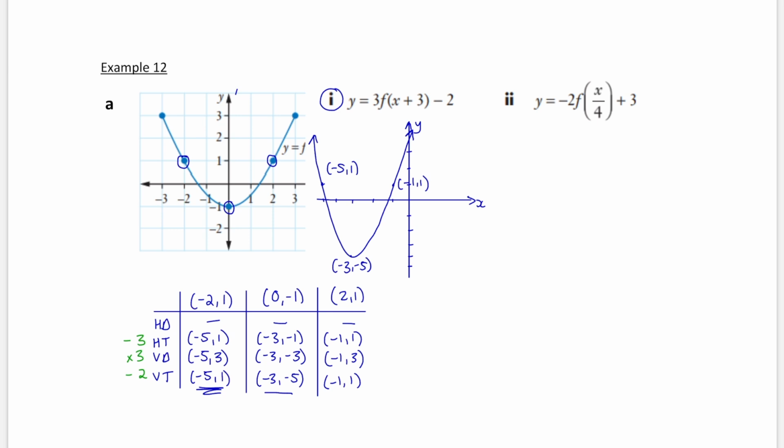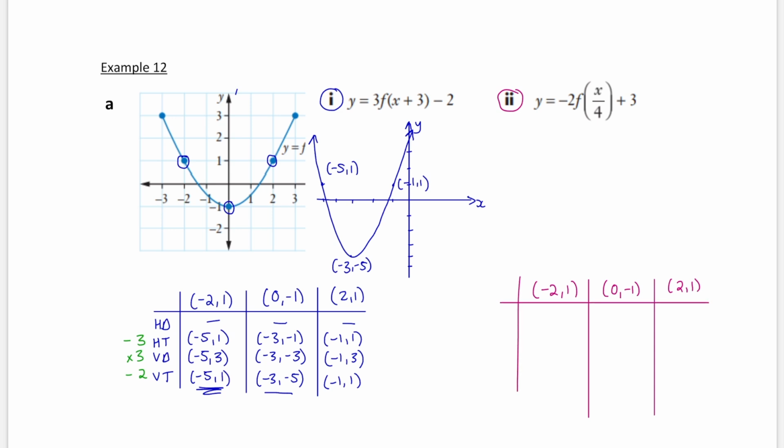Next, what I'm going to look at is I'm going to do the same thing but with part double I. So I'm going to pop up another table, and write my transformations here on the side.